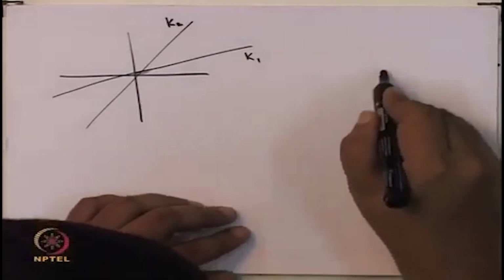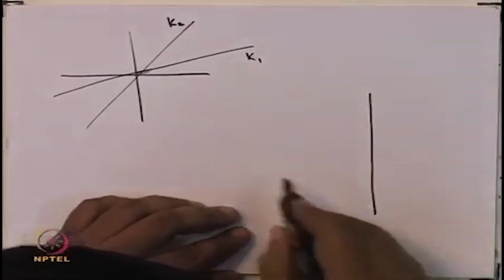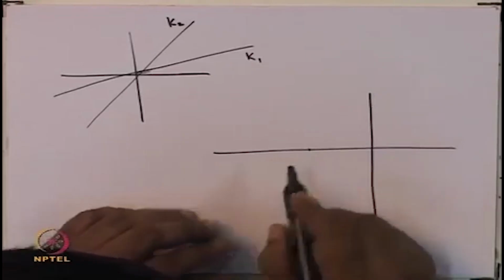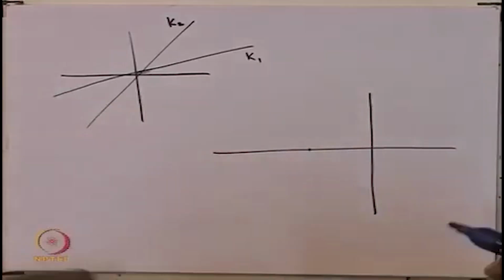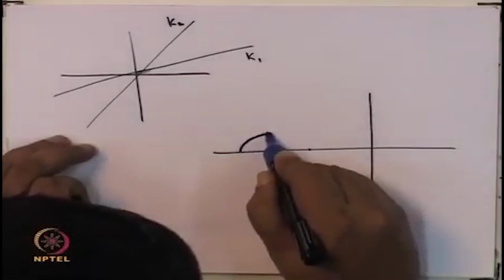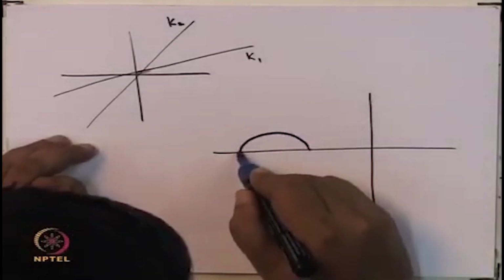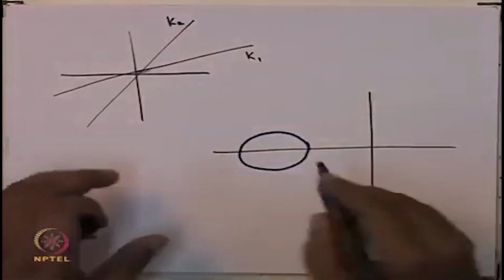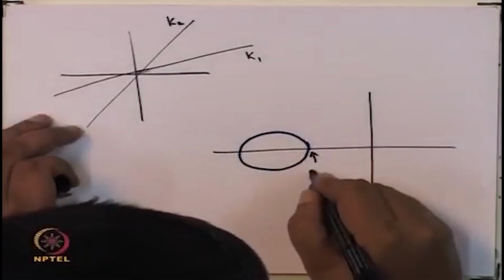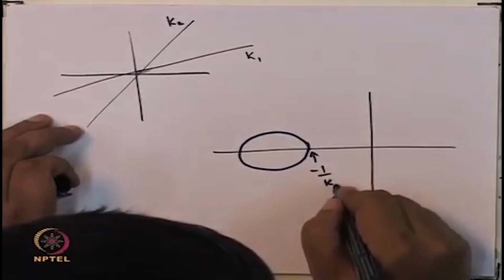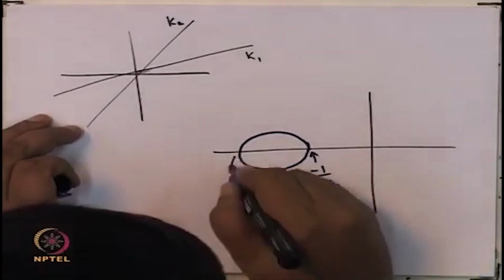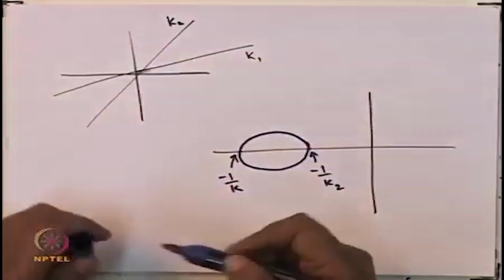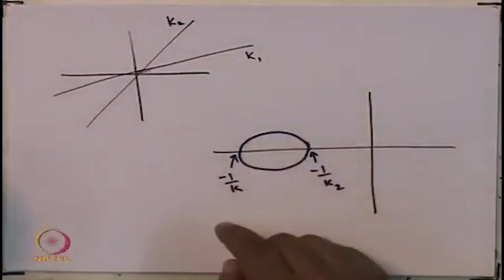As a result of this, the circle you are going to get is something like that, like so. Well, that might not look like a circle, but let us just assume that this is a circle. So this is minus 1 by k2 and this is minus 1 by k1, and it is in the k1 k2 sector, and this is the circle criterion.